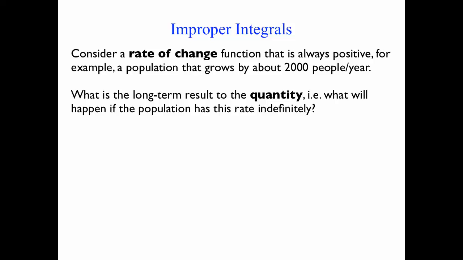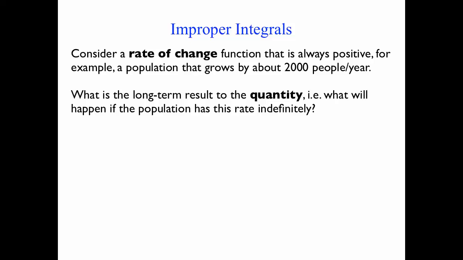What will happen if the population has this rate indefinitely? What will the long-term result be to that quantity if you have a rate of change of 2,000 people per year? Can you imagine that? It's an important idea to think about. So just year after year, about 2,000 more people added to this nation's population or city's population.